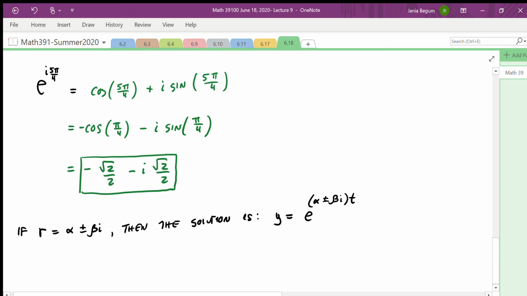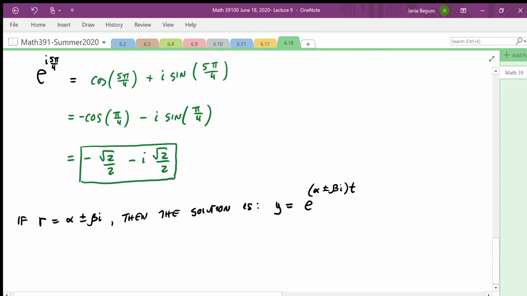Now, by laws of exponents, I rewrote this as e to the alpha t times e to the plus and minus beta i t, right?